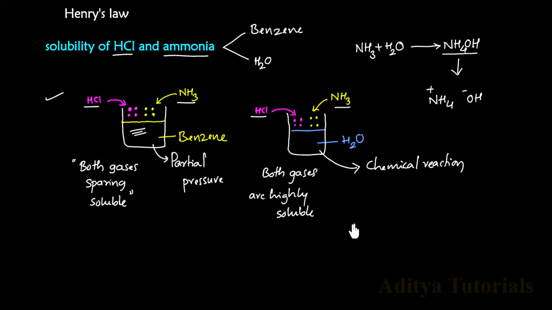Similarly, when HCl reacts with water or interacts with water, it forms H3O+ and Cl-. And these ions are surrounded by water molecules again. Therefore, these two gases are highly soluble in water, and therefore Henry's law is not applicable for this. But here Henry's law is applicable because both the gases are soluble due to the partial pressure of these gases above the solvent or the solution.